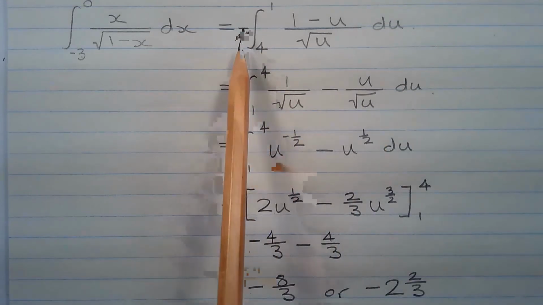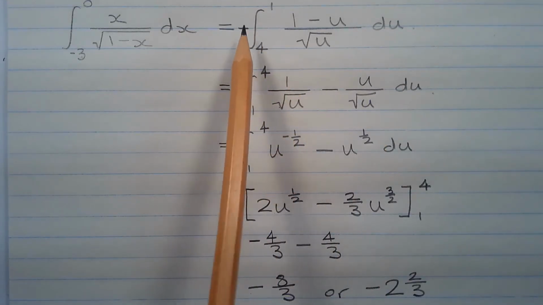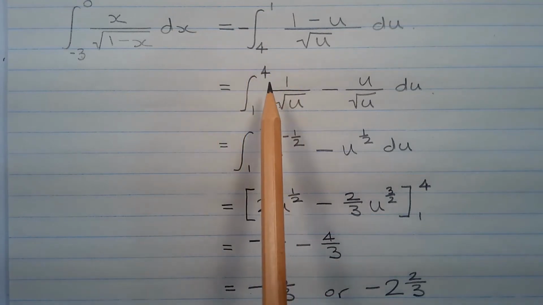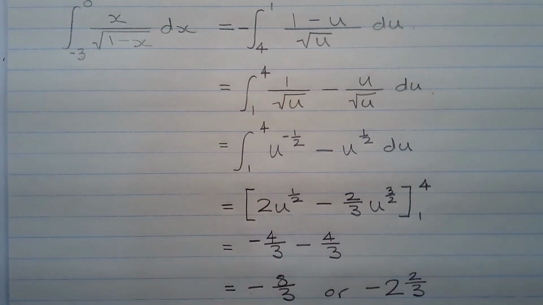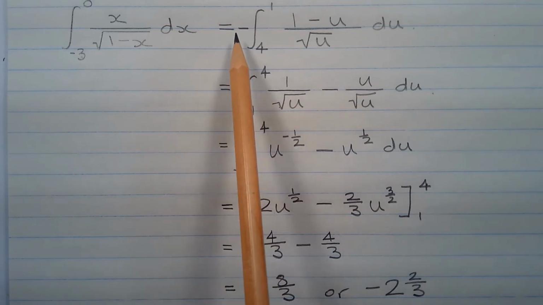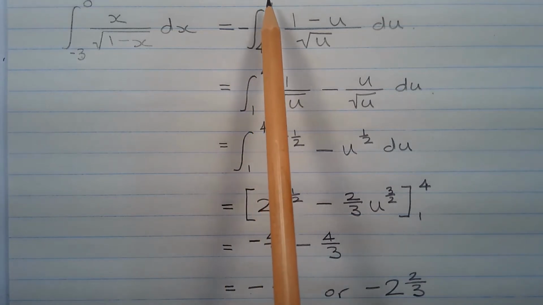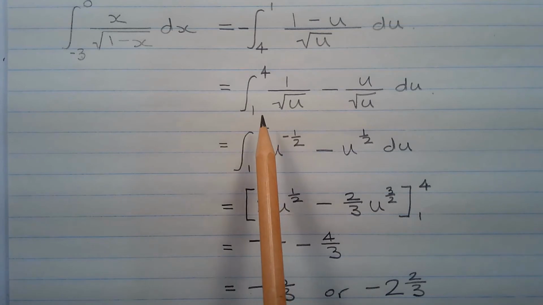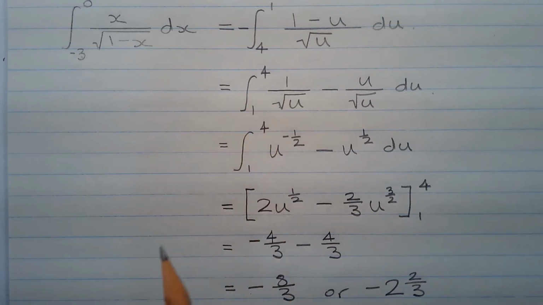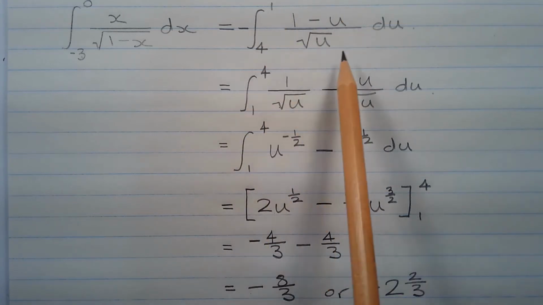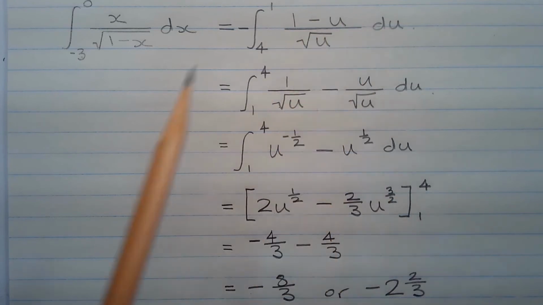Now the negative sign in front of the integral can be cancelled by reversing the limits of integration. So this negative integral from u equals 4 to 1 is equal to the positive integral from u equals 1 to 4. I've also split up this fraction, so I've expressed it as a difference of two fractions.